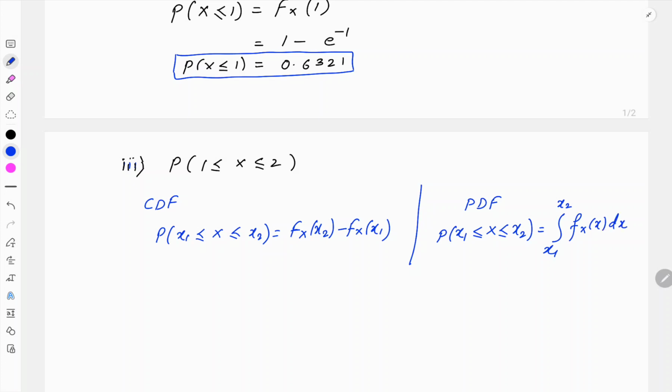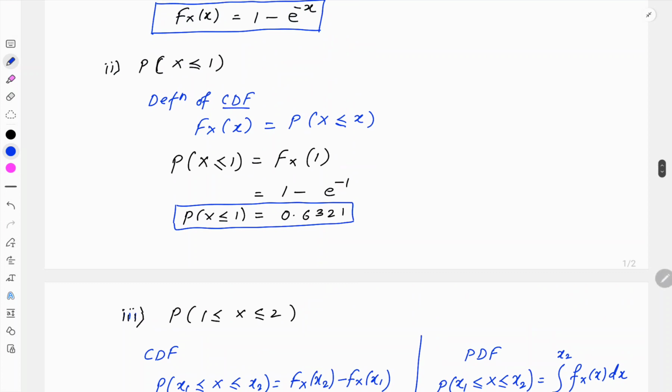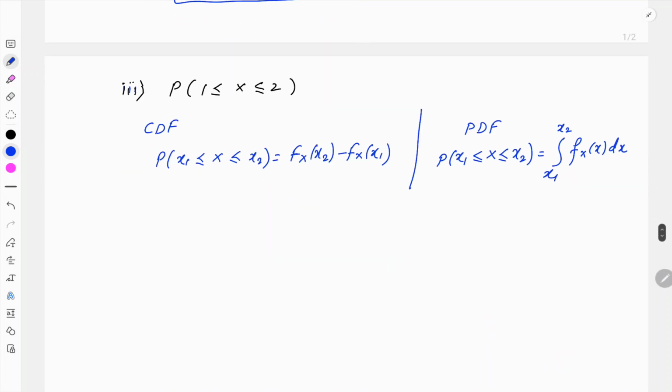So we can use any one formula out of these two, it will result into the same answer. So in the previous part we have used the formula for CDF. Now here let us make use of the PDF formula. So you can try it for CDF also, you will get the same answer.